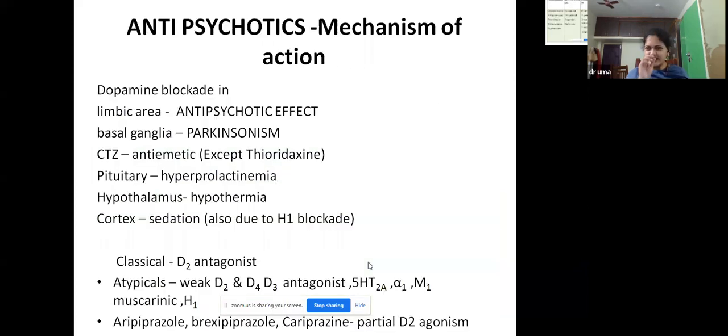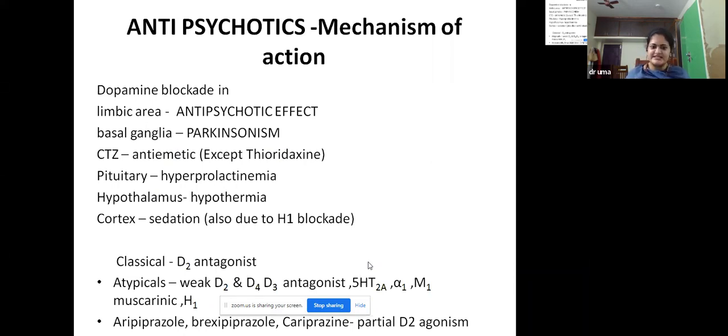So what is the mechanism of these antipsychotics? They produce dopamine blockade in the limbic area. That's the therapeutic effect, the antipsychotic effect. But in the basal ganglia also they produce dopamine blockade, so they produce Parkinsonism as a side effect. And as they produce D2 blockade in the chemoreceptor trigger zone, they have an antiemetic effect.